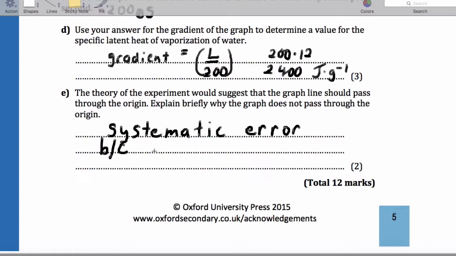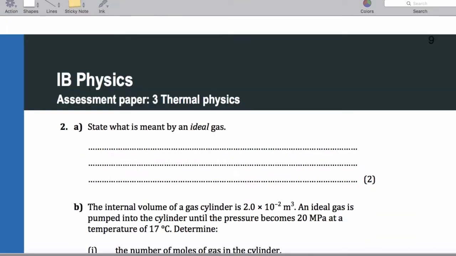In other words, we got the right answer, but everything's off by a certain factor, which is what a systematic error is. Now here, what do we mean by an ideal gas?